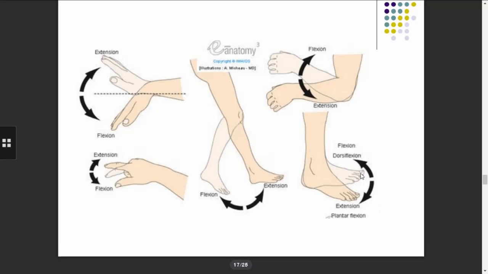Here is the flexion and extension of the ankle joint. Extension means the plantar flexion or dorsiflexion. We can see here the arm's flexion and extension. Here's the flexion and extension of the leg and the flexion and extension of the wrist joint.